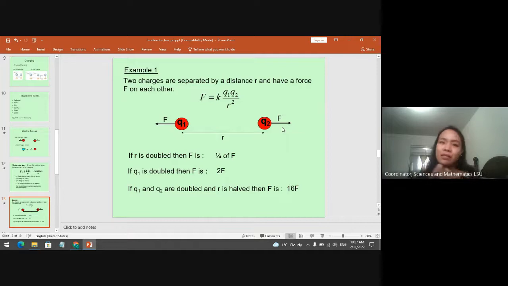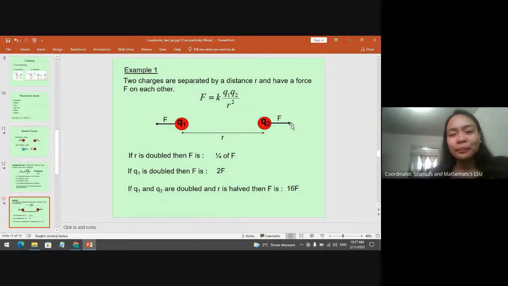Is it positive for Q1 and negative for Q2, or positive both, or negative both? Okay, as you can see here, the electrical force on Q1 is going in this direction and the electrical force on Q2 is going in this direction. They are repelling each other. So Q1 and Q2 have the same charges, either both positive or both negative.